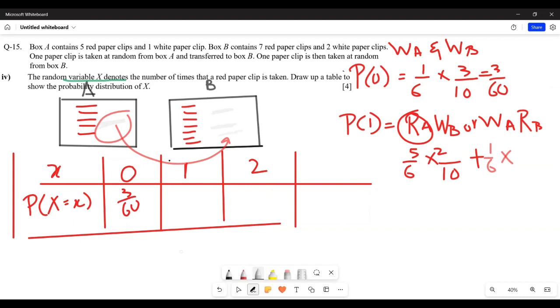So 1 2 3 4 5 6 7 red clips हैं और total 10 clips हो गए, so 7/10. So this collectively gives 17/60. So probability of getting just one red clip from either of the boxes is 17/60.